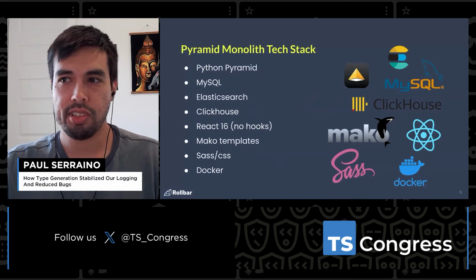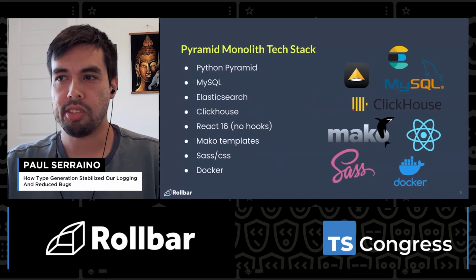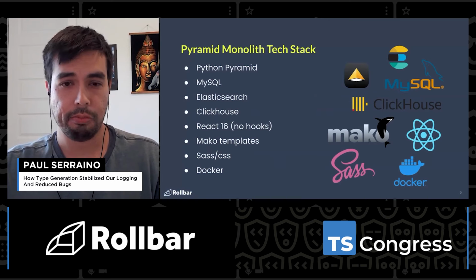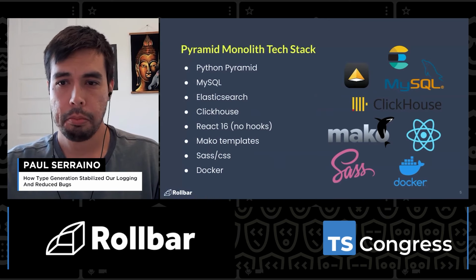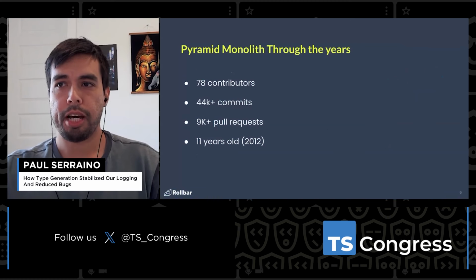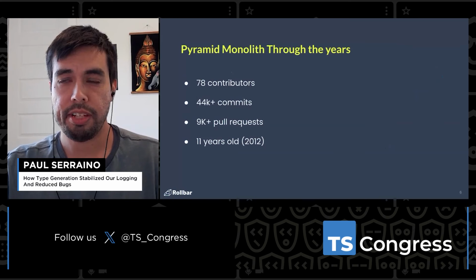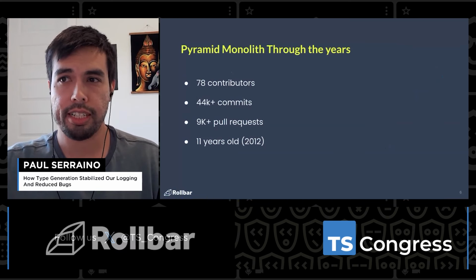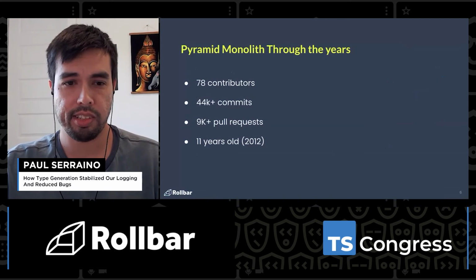So there's no hooks, and everything is styled using a mix of Sass and CSS. Throughout the years, the monolith has had 78 contributors, over 44,000 commits, and over 9,000 pull requests, and is 11 years old.